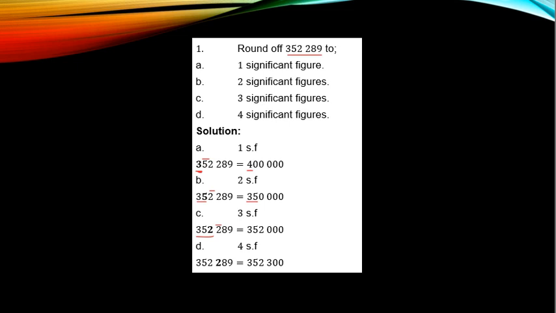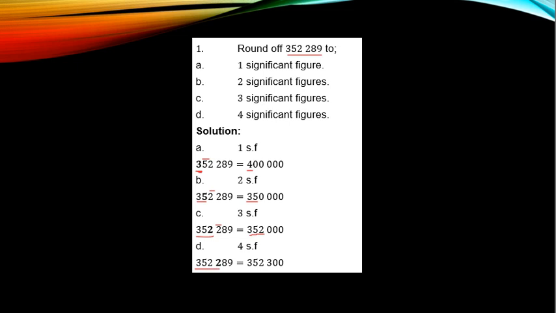Then every other digit turns to 0. 3SF means in the number we want to see only 3 non-zero digits, while other digits turn to 0.